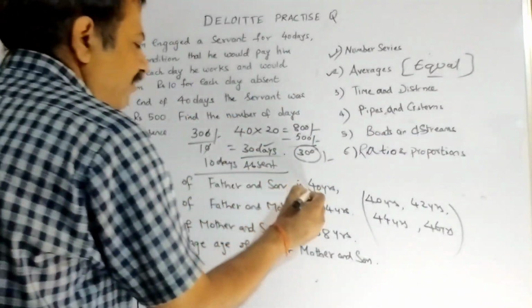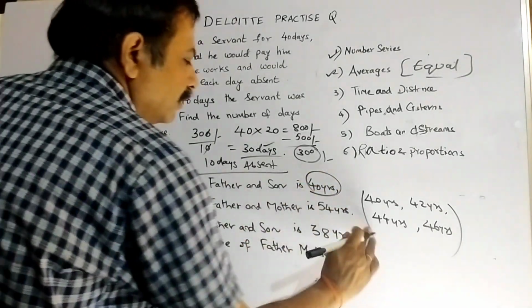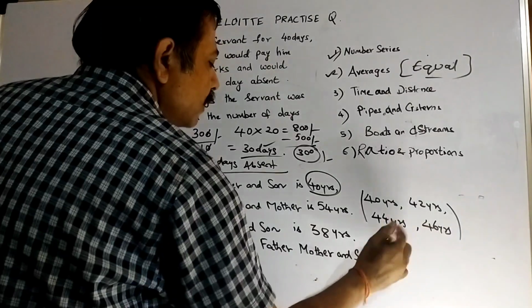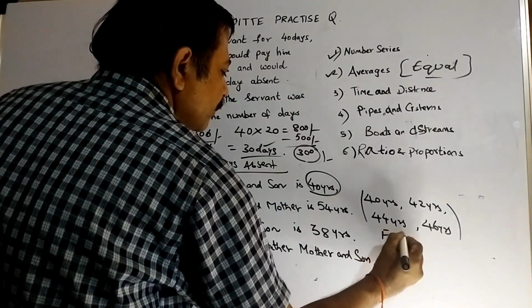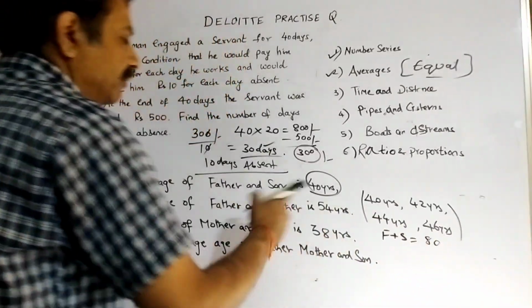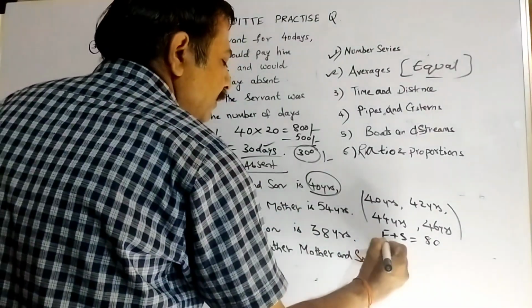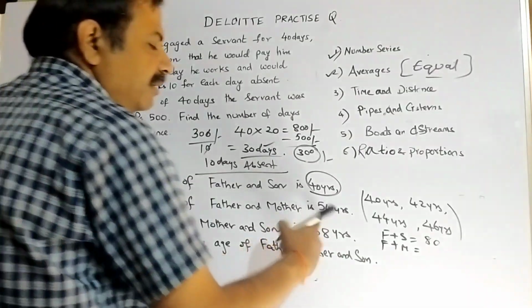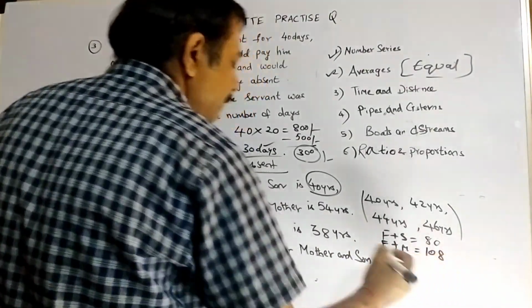You know, average means equal. So father and son, as I tell you students, total it is 40 into 2, 80. Father and mother, total is 54 into 2, 108.